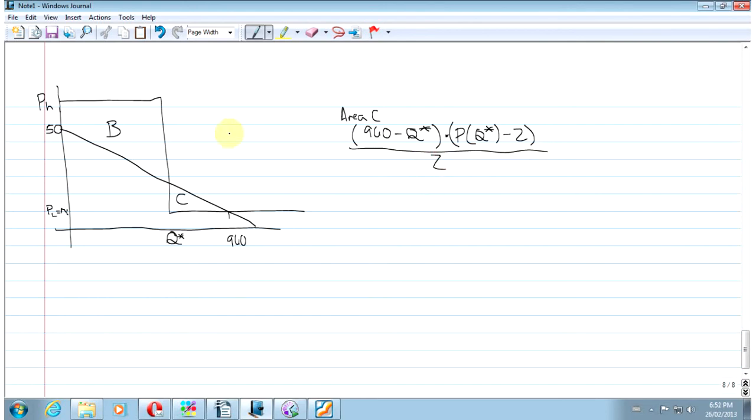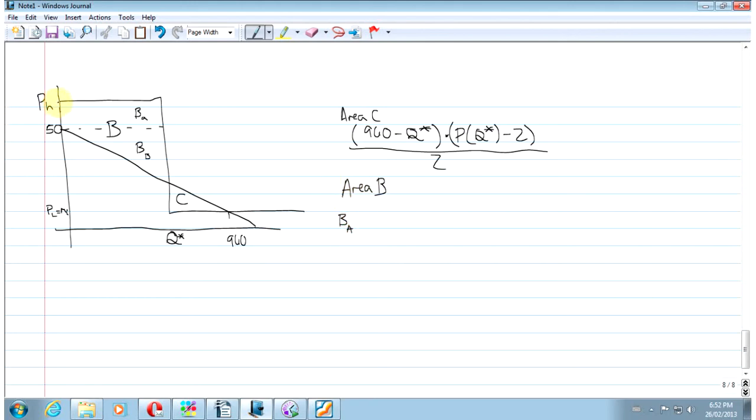Okay, but now area B has taken on a slightly different form. So area B has the same component that it did before. B is divided into B sub A and B sub B, because I'm not very creative. So B sub A, we'll do that first.